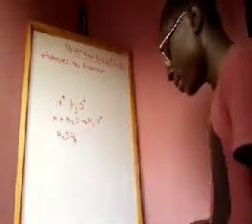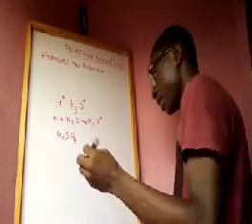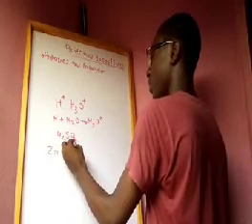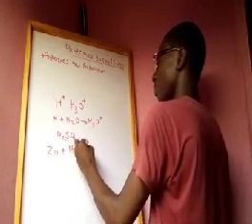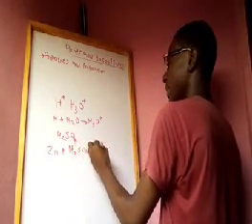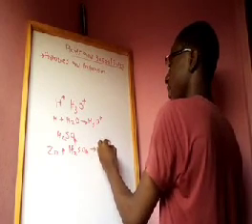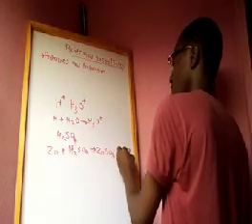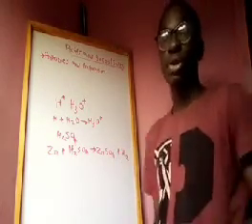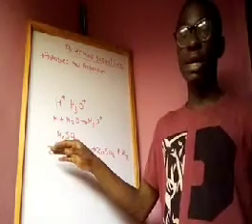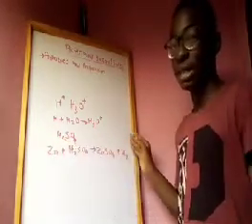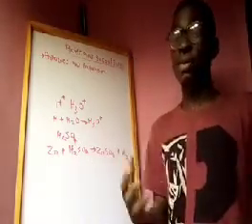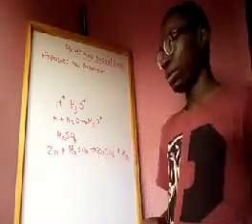For example, whenever zinc, Zn, reacts with H2SO4, we will get zinc tetraoxosulfate(VI), ZnSO4, plus H2. So basically, this is just like a displacement reaction where the zinc is replacing the hydrogen and is depositing the hydrogen gas. And that is one property of acid. They react with metals to release hydrogen gas.